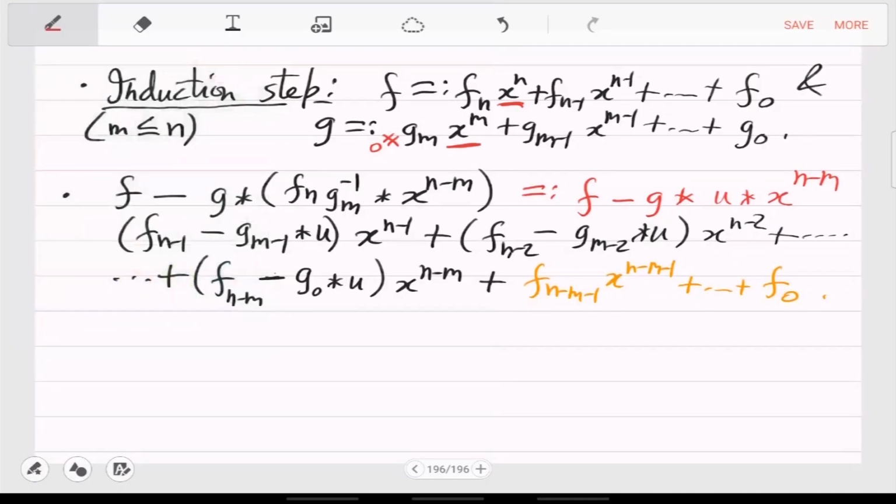Okay, so the thing you should look at is that this is a smaller instance, because now the leading term of this difference is not x to the n but x to the n minus 1, and you repeat this with g.